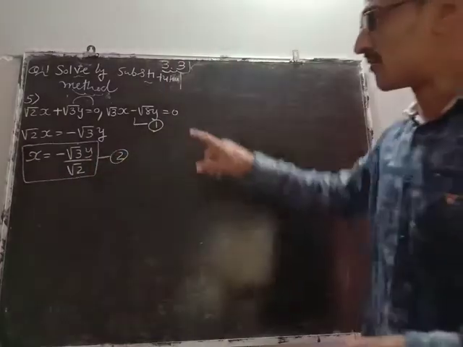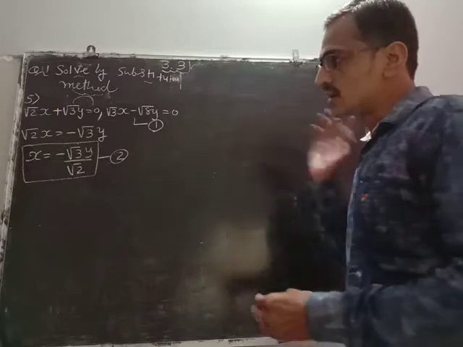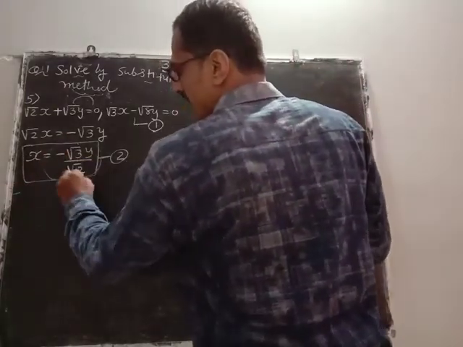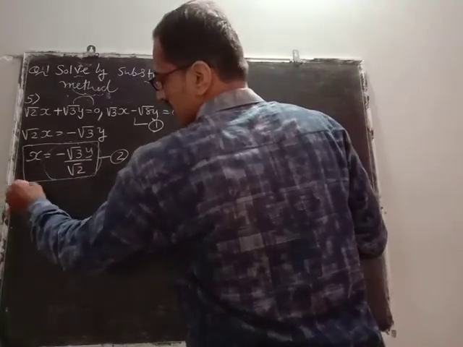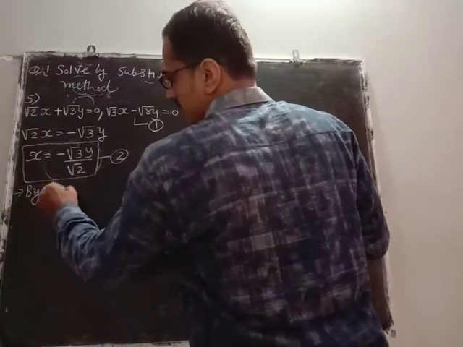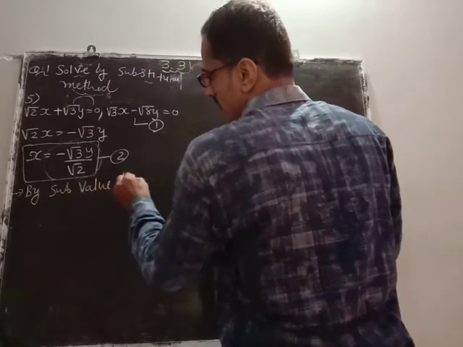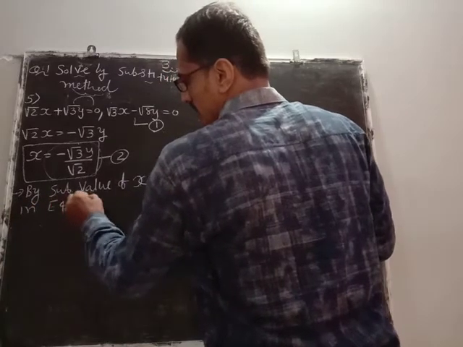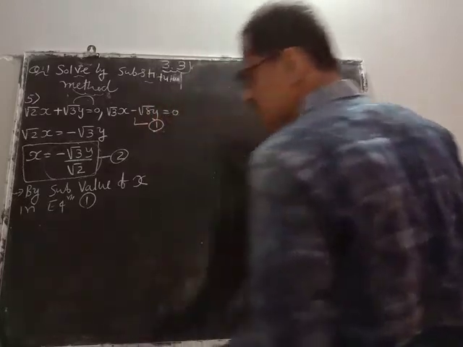Now as I told you, from the first equation we will get the first value, from the second equation the second value. Substitution. This is the value of x that we substitute in the first. So by substituting the value of x in equation number first, let us substitute.